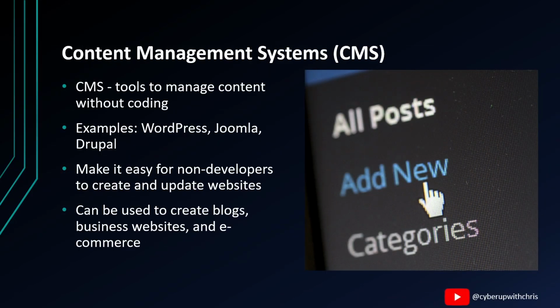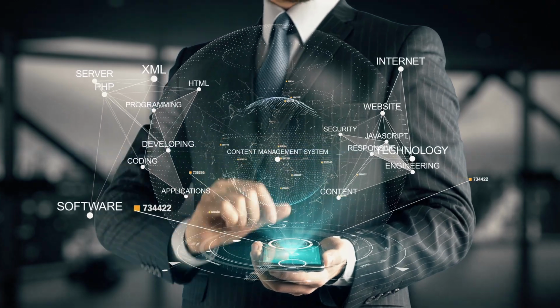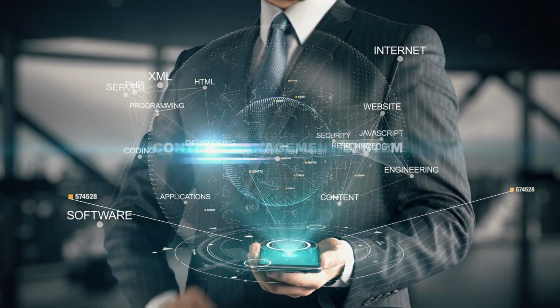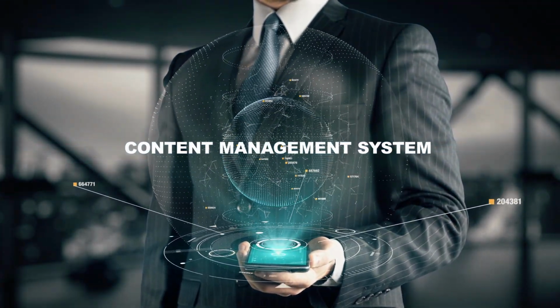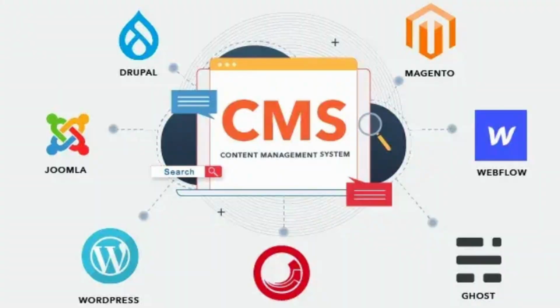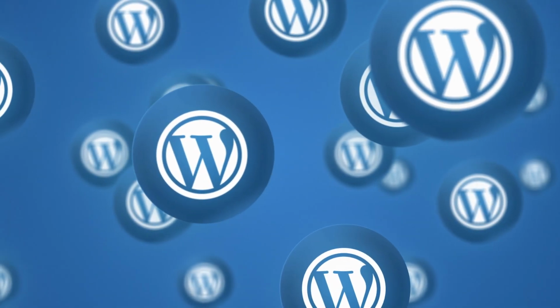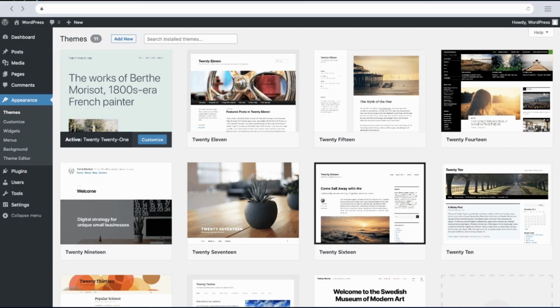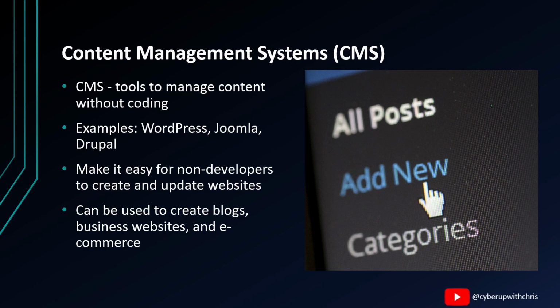Now let's talk about content management systems, or CMS for short. A content management system is a tool that lets anyone, not necessarily developers, create and manage websites without writing any code. Popular examples are WordPress, Joomla, and Drupal. I like WordPress. I've been using WordPress for a very long time. This platform makes it really very easy for anyone to launch and maintain a website.